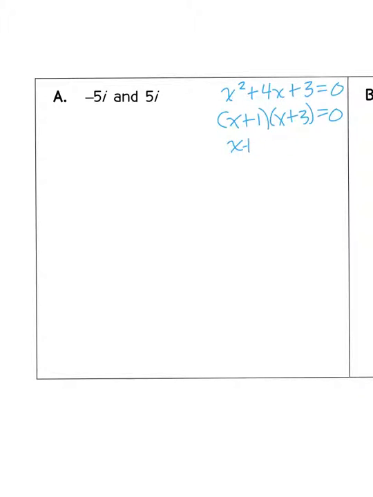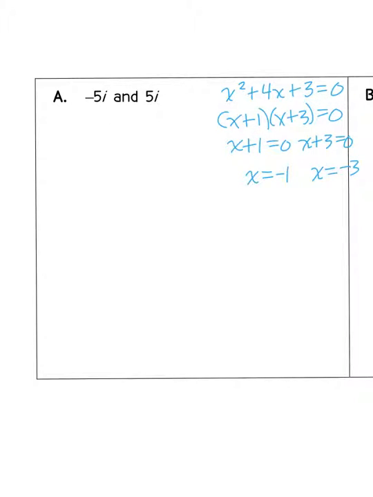And then you would set each of these equal to 0 and solve for x. Right? So we're just going to go backwards. I'm giving you the roots. You're going to set them equal to x, then set those equal to 0, then multiply them together, and you're going to get your quadratic. So that's all we're doing here.